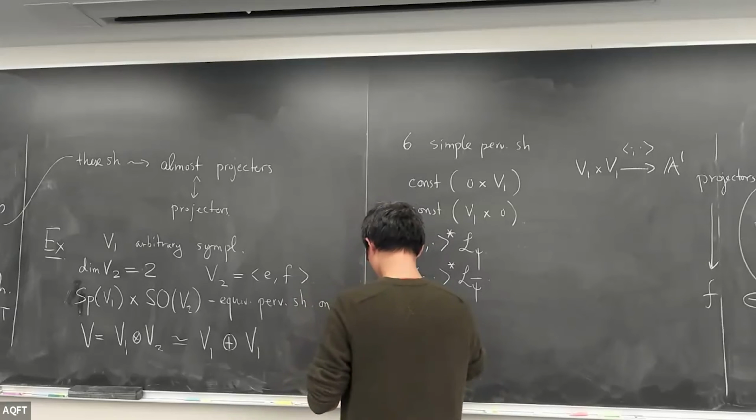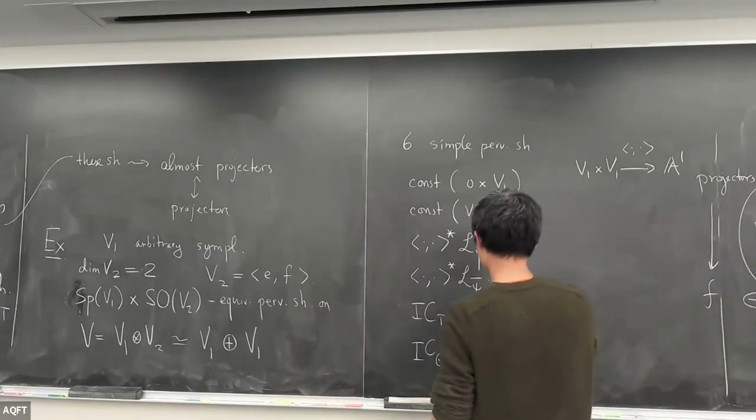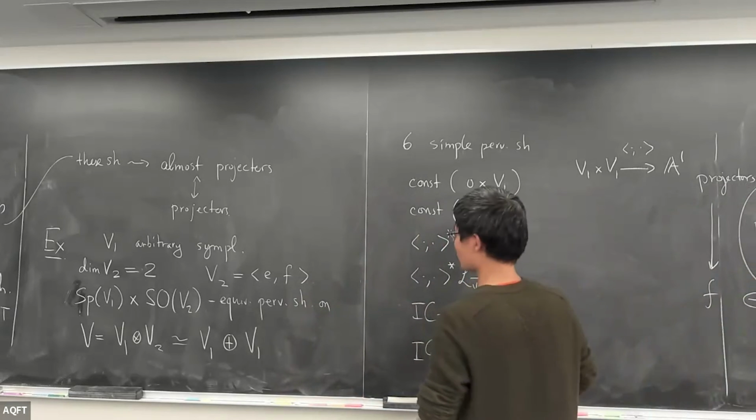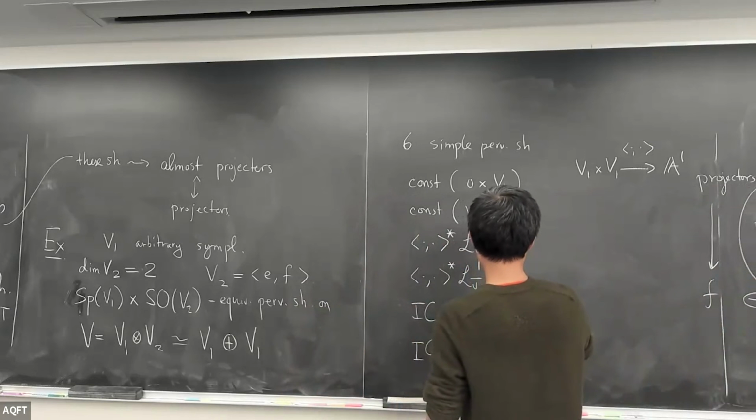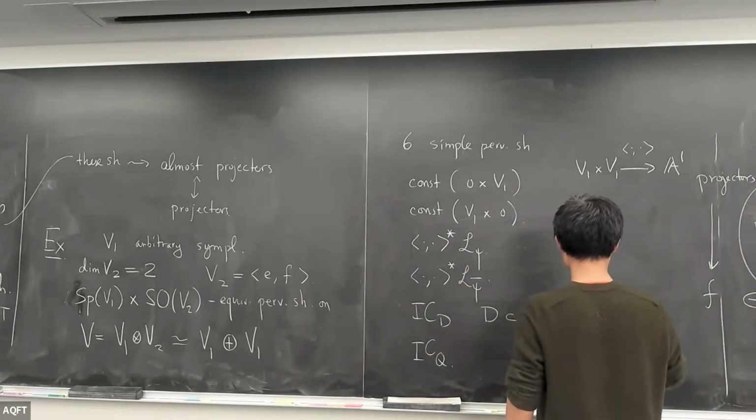And then there are 2 more interesting sheaves, the intermediate extensions of 2 subvarieties in V1 times V1. This B is just pairs of vectors that are parallel to each other.